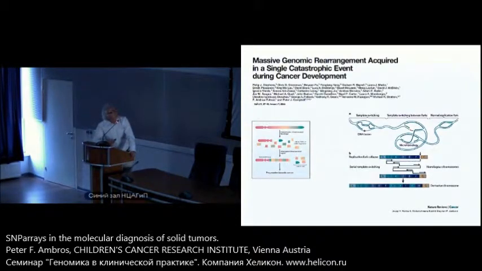This is from a review of Peter Campbell and Philip Stephens, showing the hypothetical generation of this chromothripsis, in which the chromosome breaks into hundreds of parts and rejoins again.